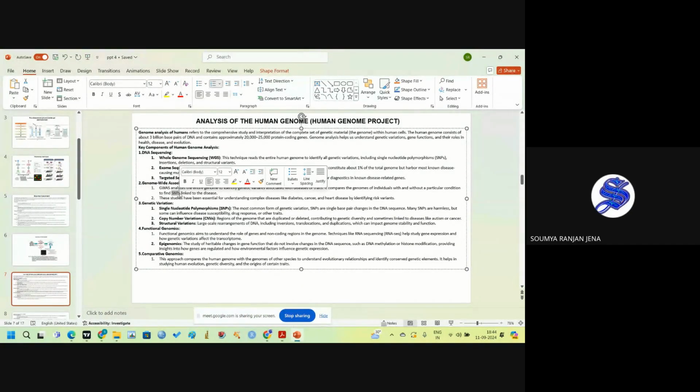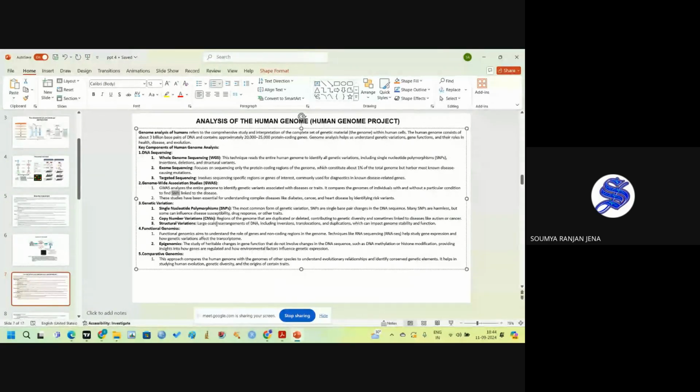Then cancer, and diabetes also leads to heart disease, by identifying different risk variants. We described this SNP, and this is the main source where the gene sequence or DNA sequence will be changed.